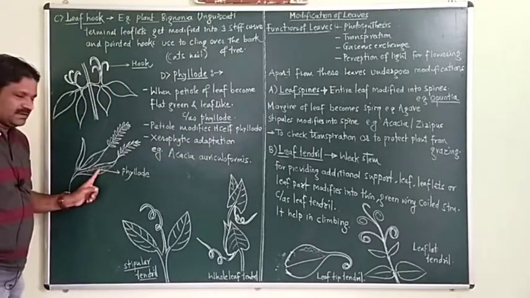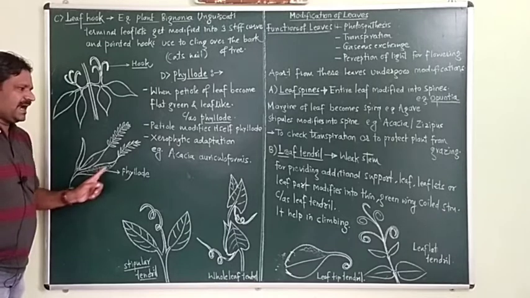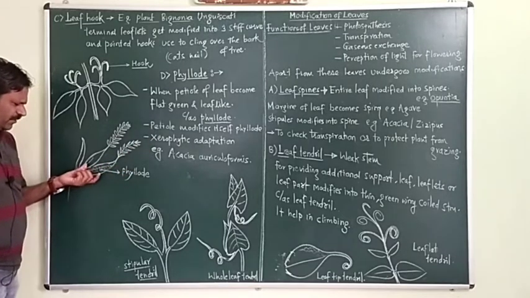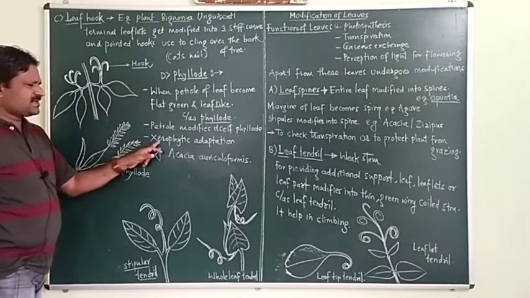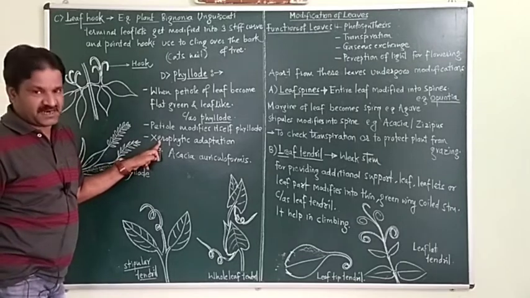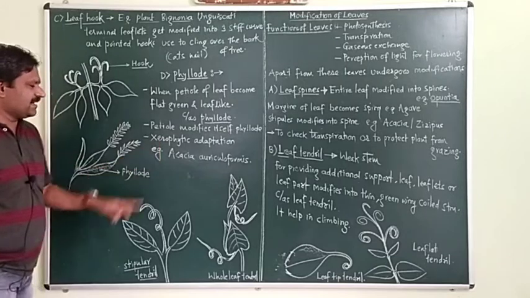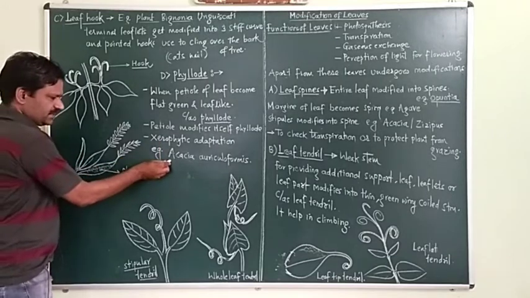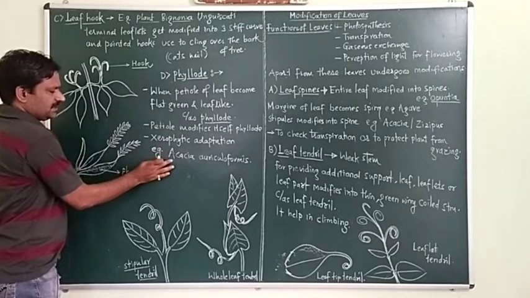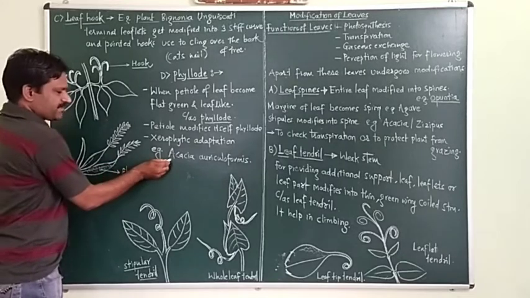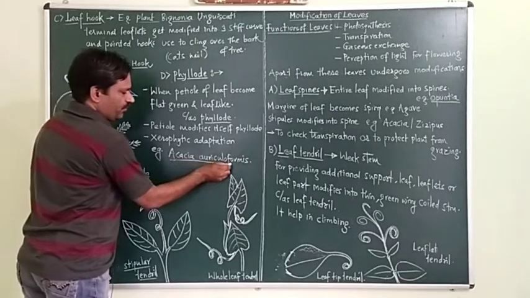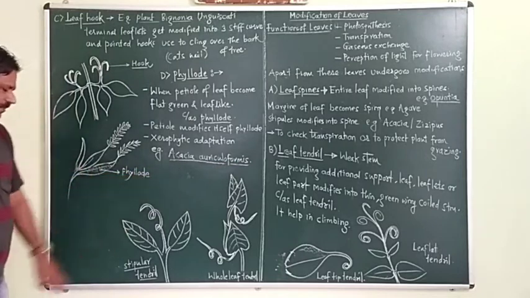This is the phyllodes and it looks like a leaf, and this particular formation of phyllodes is a xerophytic adaptation in certain plants, and the example is acacia. Here is the example of phyllodes, Acacia auriculiformis.